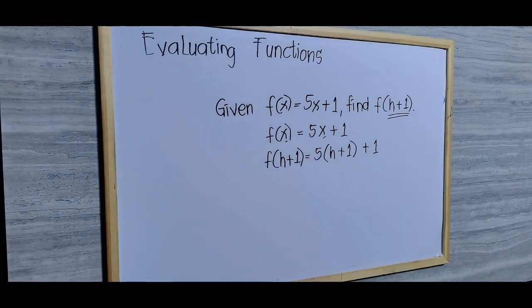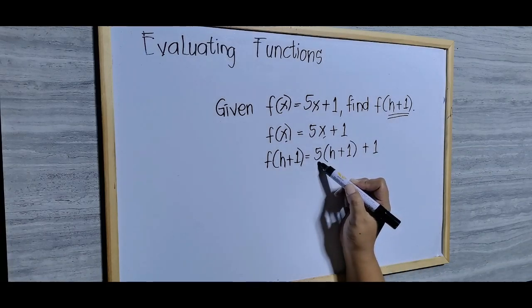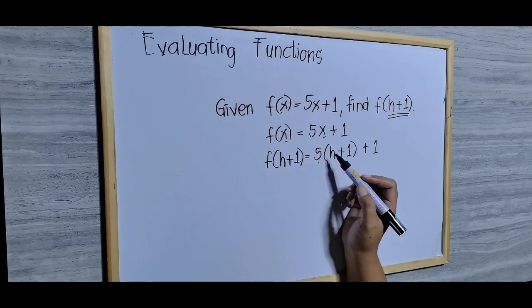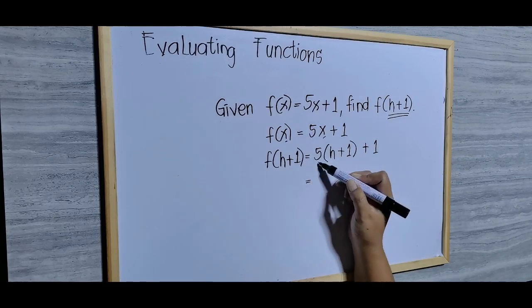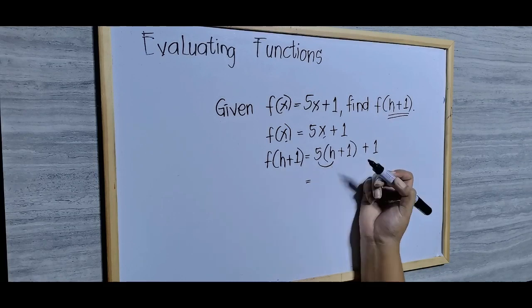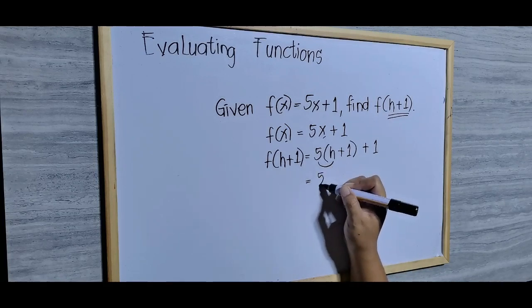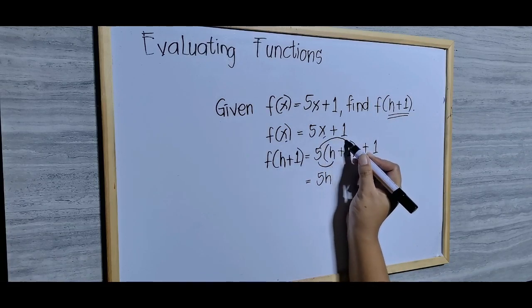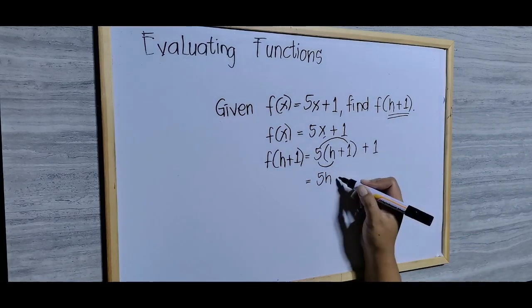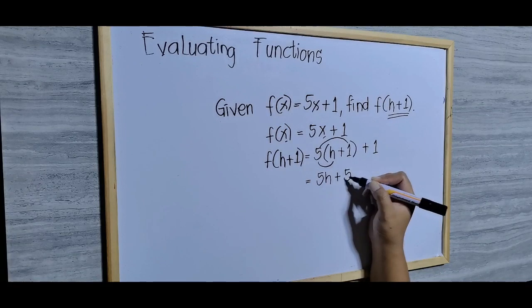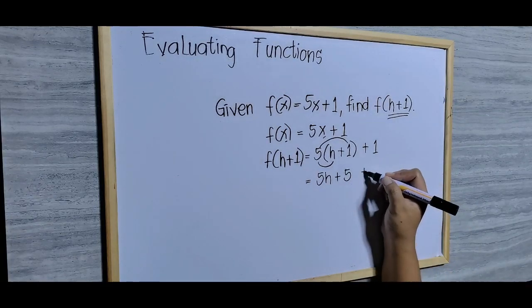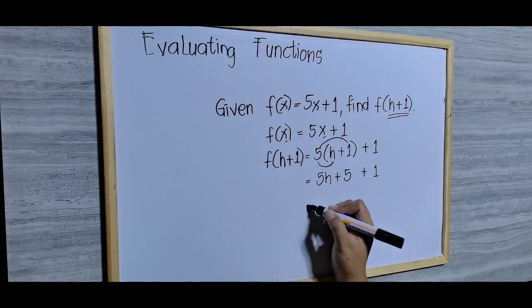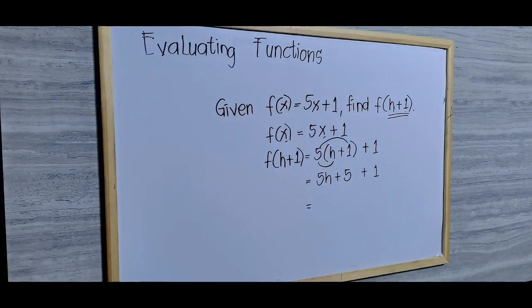Now, pag ganito po yung sitwasyon, we will use the distributive property. We will distribute positive 5 dun kay h plus 1. So, it will become 5 multiplied by h, we have 5h. We have 5 multiplied by positive 1, we have 5. Then, plus 1. So, this time, we have to combine like terms.